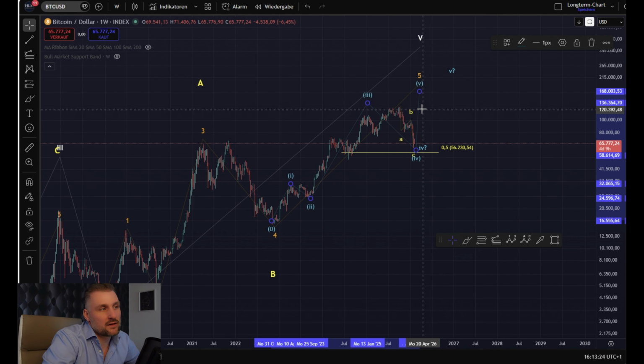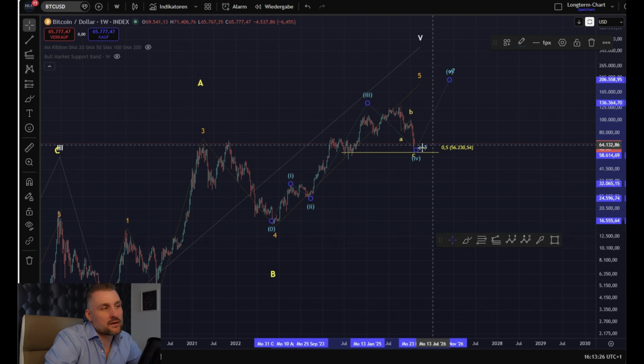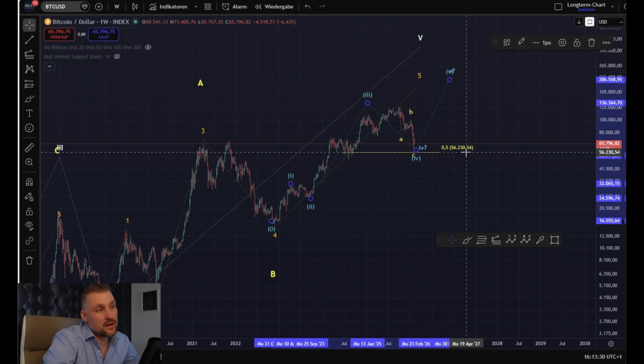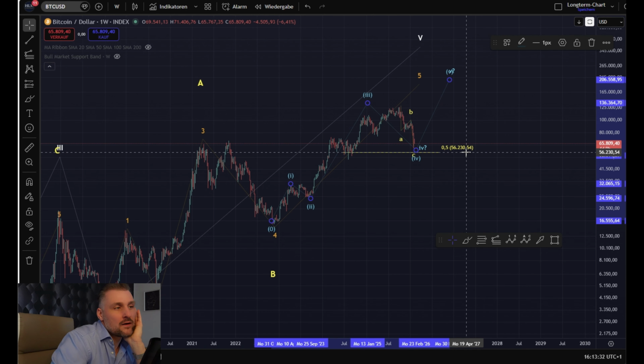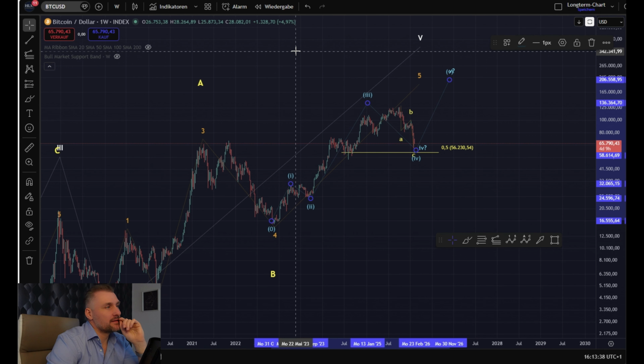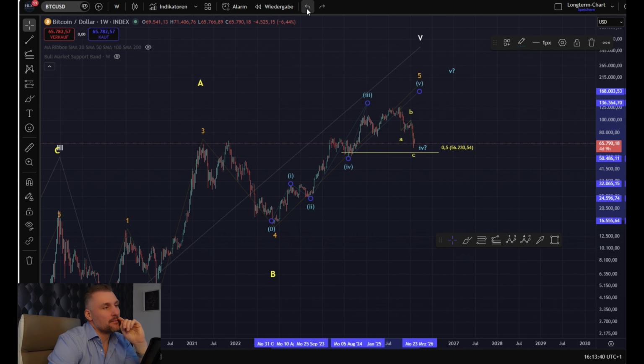Then the key support for the current wave 4 here is at 56,230. Yeah, I think that's really speculative.